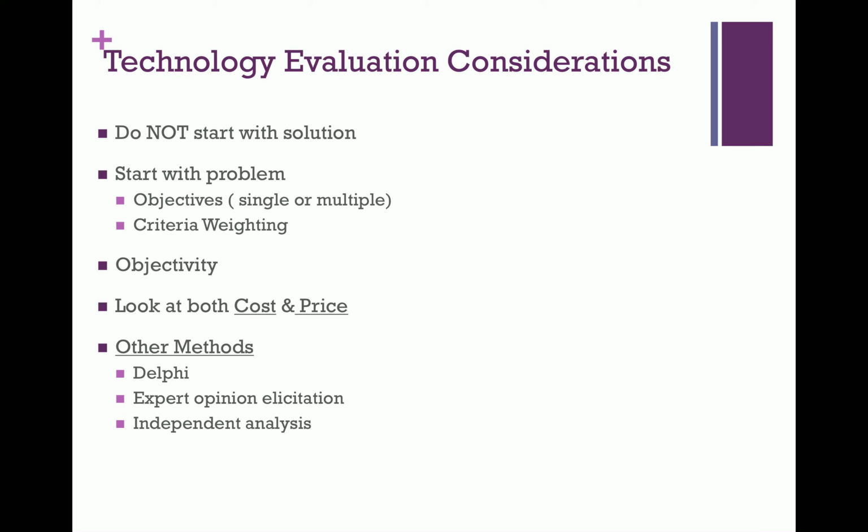So when you find yourself in a role where you are charged with, or you take it upon yourself to do something, and you need to convince your higher ups to either do this or spend money, you need to build a convincing argument. You need to build confidence that you have done the proper due diligence and that they can have confidence in your recommendation. One way to do that is this technology evaluation.